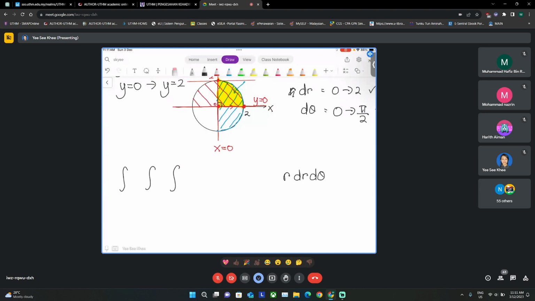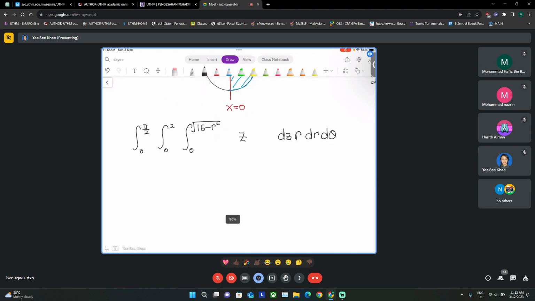Just now at the center it is z, right? So you can just remain the z, because z is part of the cylindrical coordinate. So the dz will be from 0 up to the square root of 16 minus r squared. Then for the dr, you take 0 to 2. For the theta, you take 0 to pi over 2. So you can start to solve this question.